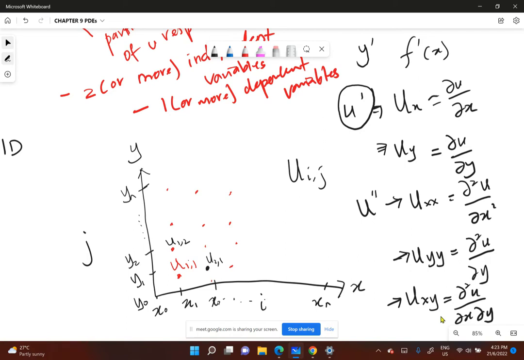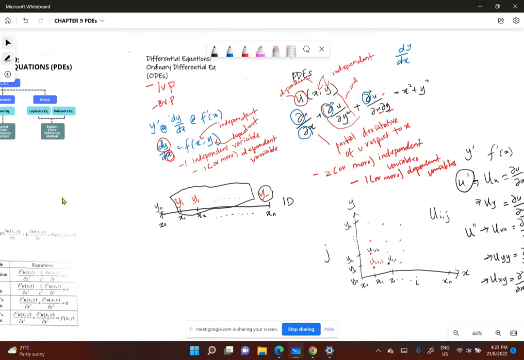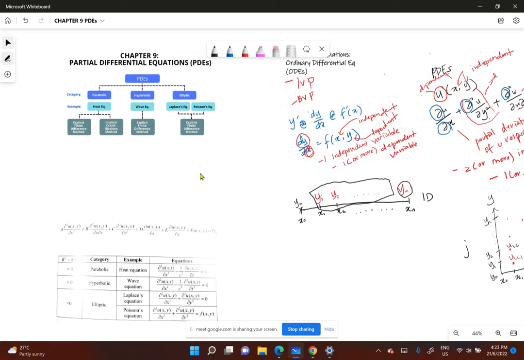And the symbol, sebelum ni kita guna Y prime, F prime, kat sini kita akan guna U. And before this, we use divide dx. Now we use del. Del U, del X. Okay. So we go to this.